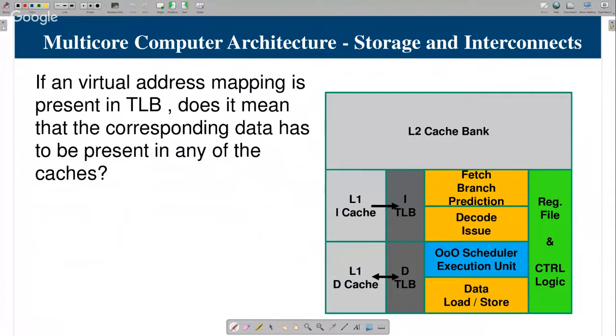TLB contains the most frequently used page table entries. If it is a hit, you have already obtained the physical address, then you can go to the cache and search. Sometimes even if it is present in TLB, it may miss in the cache. That can also happen. So there is no direct correlation between a hit in TLB and presence in the cache.